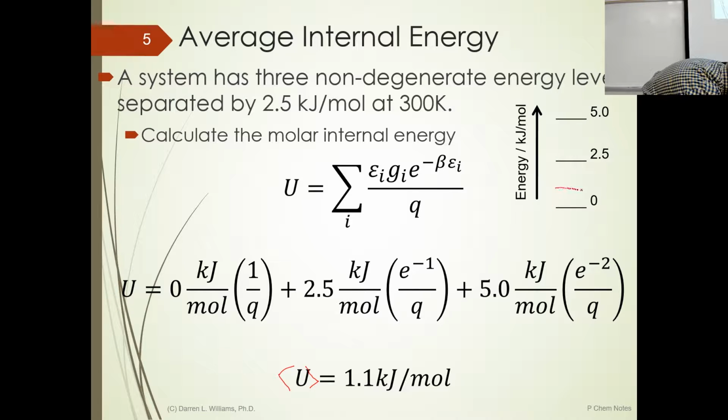It's like right there. Notice the average energy almost never matches an energy level. In a small system like this, a 3-level system, the average energy is going to be somewhere in between those energy levels. But if you were to pull individual molecules out, they would have those discrete quantized energies.